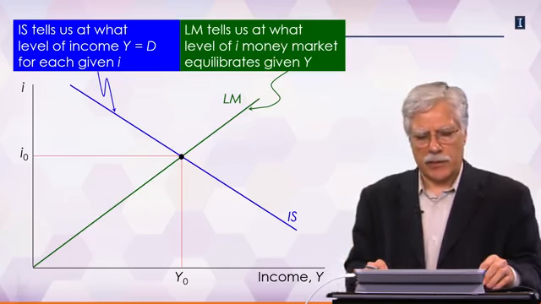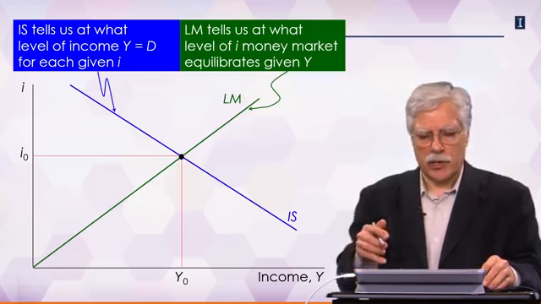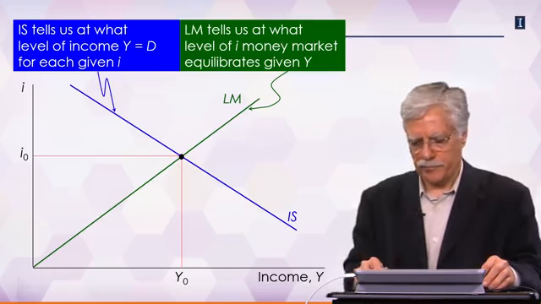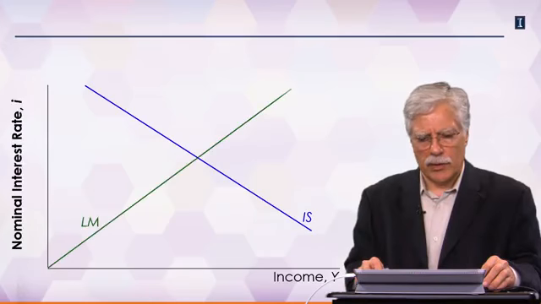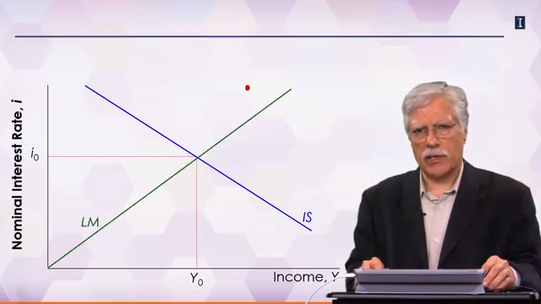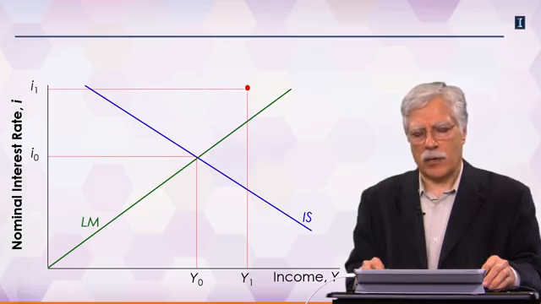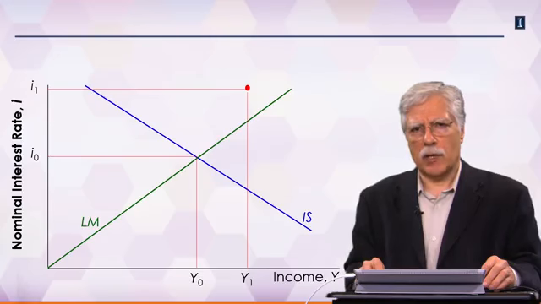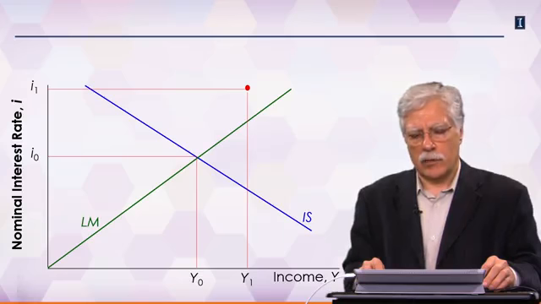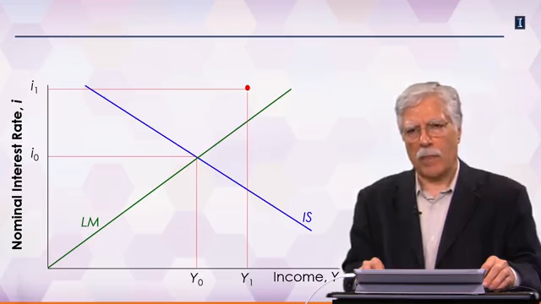So what happens if the economy is not in equilibrium initially? How does it get to equilibrium? To examine this, let's look at this case where the economy is initially at this red dot. Income is at Y1 and interest rate is at I1. What happens in this situation? Notice first that in this economy, the money market is out of equilibrium. The interest rate is way too high for the level of income.